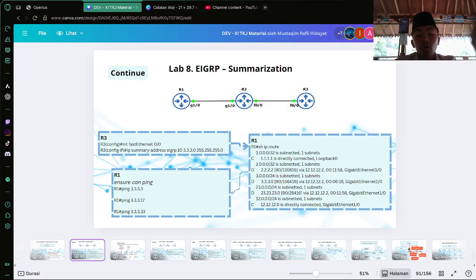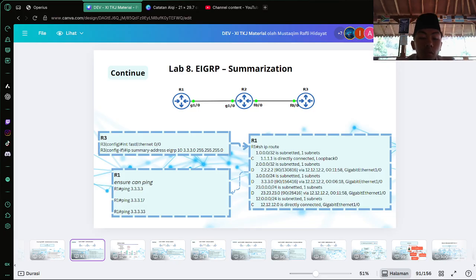The scenario: we have a network with three routers, router 1, router 2, and router 3. Router 3 has multiple routes that are being advertised to router 1 and router 2. The output on router 1 shows several individual routes from router 3, IP address 3330 prefix 24 and 23000 prefix 24.